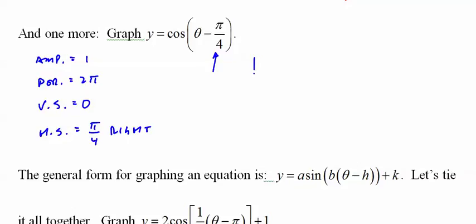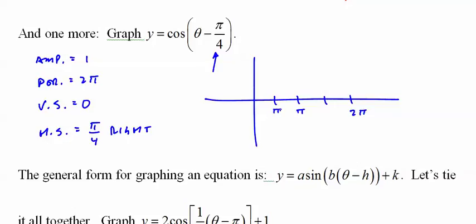So, 2 pi, pi over 2, 1, 2, 3 pi over 2, and up 1, down 1.